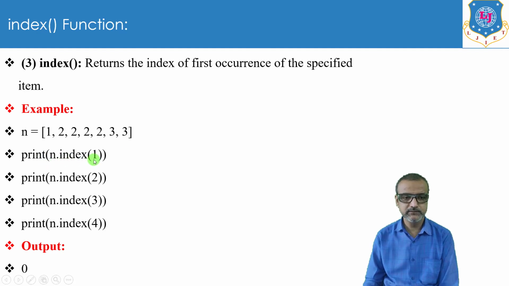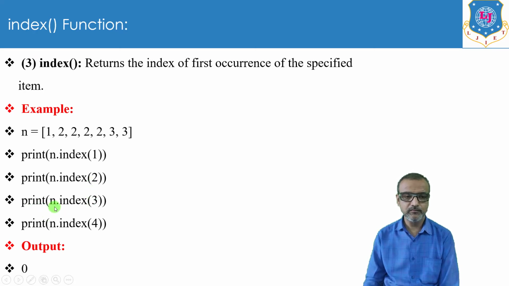It will give us the index of the first occurrence of the number 1, and the first occurrence of the number 1 is at index 0, so it will give us output as 0. Similarly, print of n dot index of 2 will give us the first occurrence of the element 2, which is over here at index 1, so this will give us output as 1.